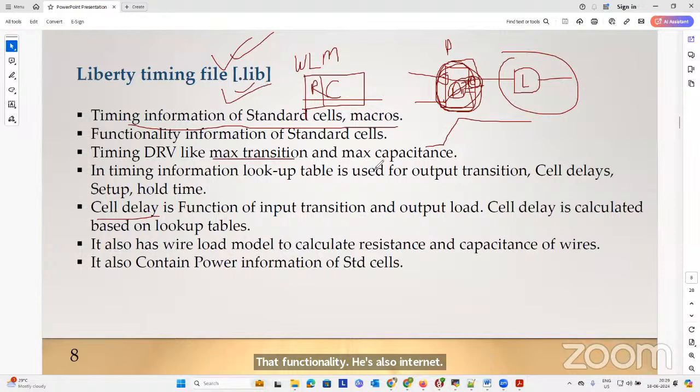And the maximum transition and maximum capacitance values, and RC values, which are tabulated like an Excel or CSV file using table lookup files. Those table lookup files are called WLM, wire load model. And the standard cells' power information is also available in the .lib. Clear, Nagendra? Yes, sir.